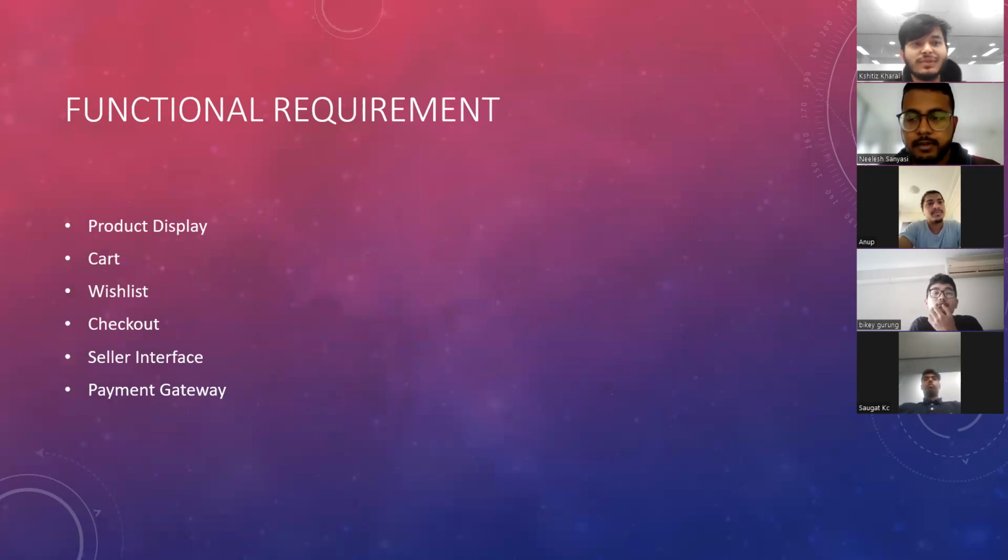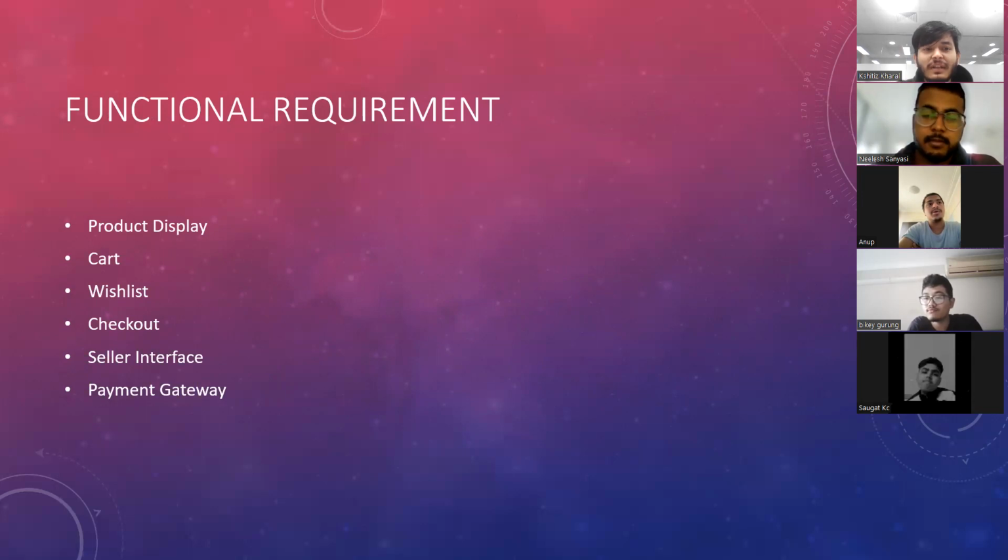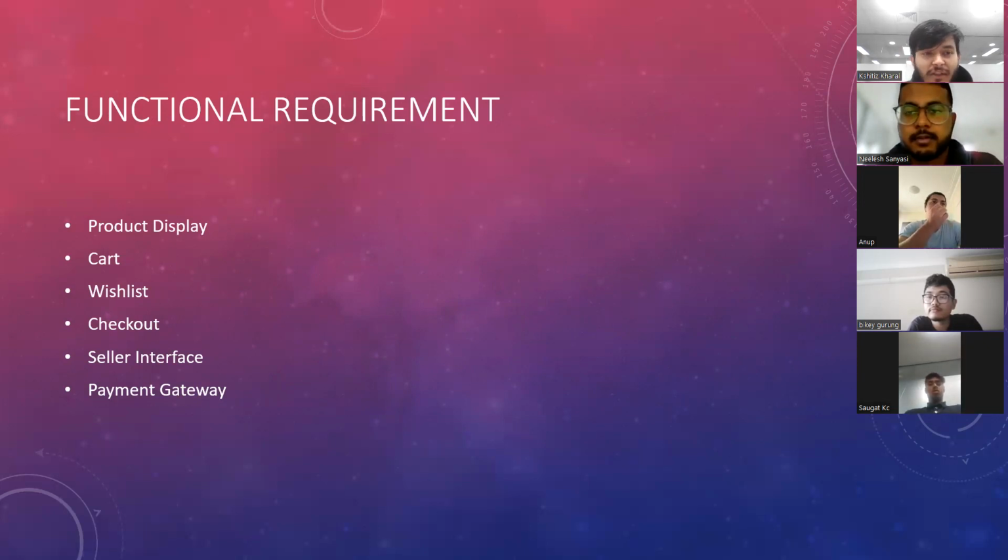Thank you. The functional requirements mean the basic functions for any software to perform the regular tasks properly. The functional requirements of our e-commerce website are product display, cart, wish list, checkout, software interface, payment gateway, shipping, seller interfaces, and so on. We need to display product details to the user.